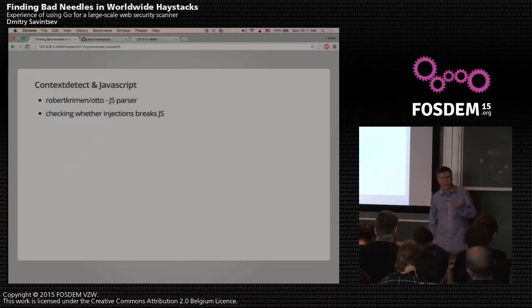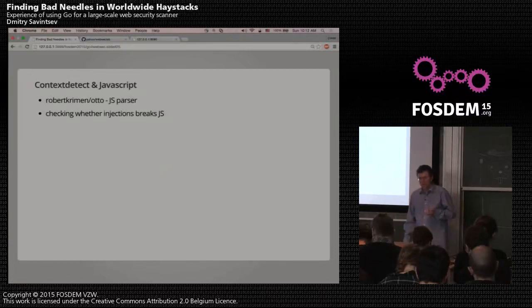By this detection, we almost emulate the browser and see whether the injection breaks JavaScript. If it does, then it's likely to be exploitable, because then you can put in your own script. So you've kind of broken the sandbox. The normal rule is that the input shouldn't leave the same context when being output.